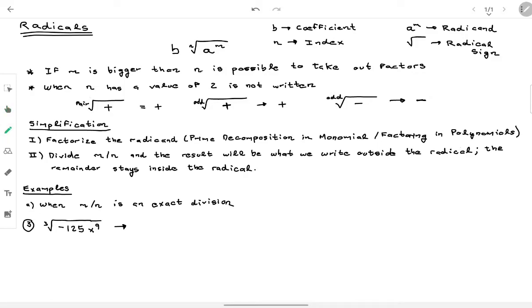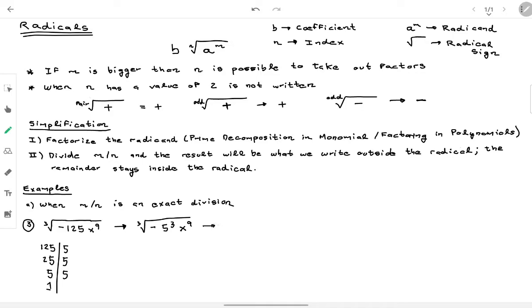We decompose the 125: 5, 25, 5, 5, 5, 1. So this is like having the cubic root of minus 125, which is 5 to the third, multiplied by x to the 9.